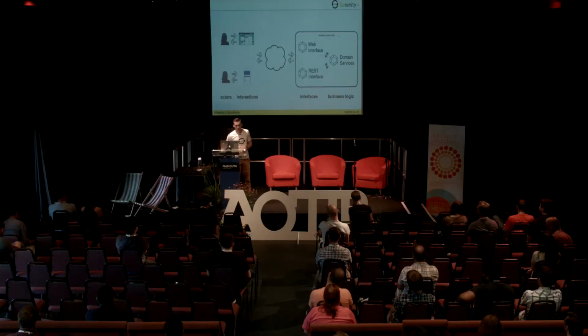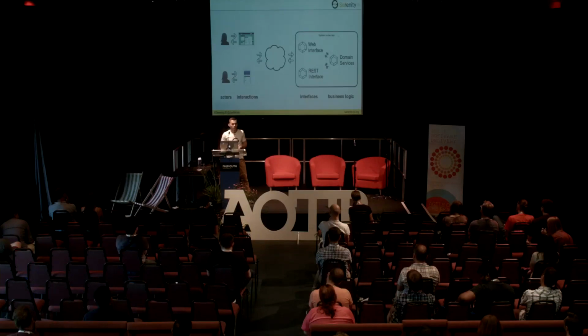Now, if you look at the system from this perspective, we might just consider the whole ecosystem in which our application lives as comprised of actors who interact with different interfaces of such system in order to use the business logic that we've developed.